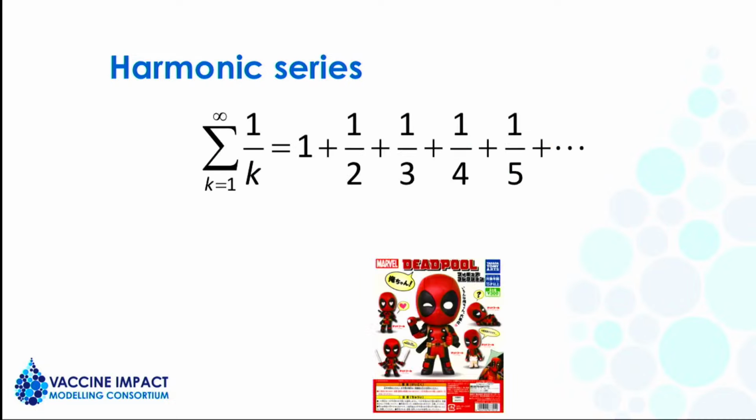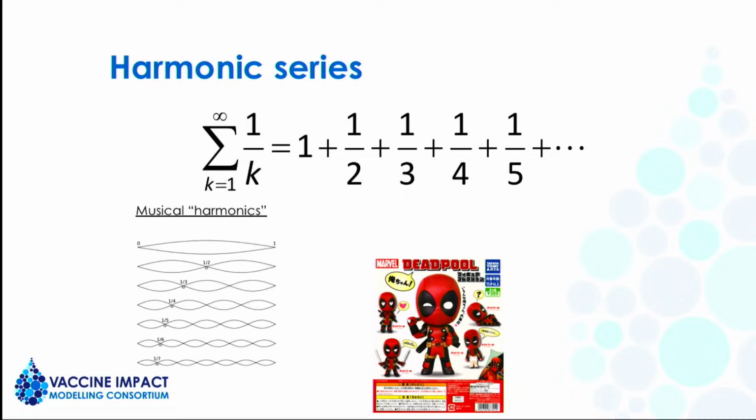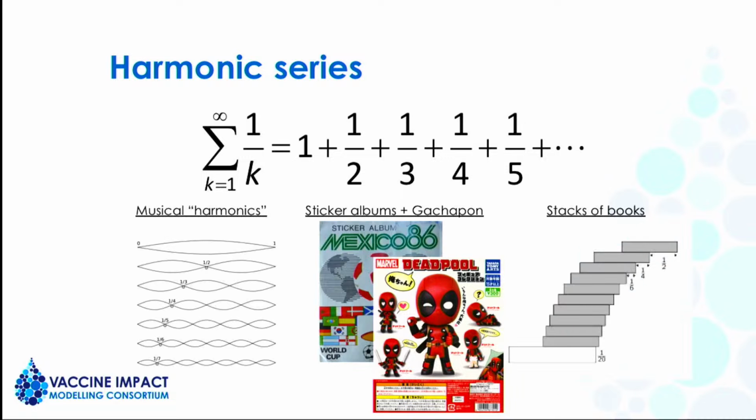So there is an example in the practical, and it's based on this mathematical series called the harmonic series. It's a well-beloved example by our good friend and colleague Nick Cunniff back in Cambridge, who was traumatized as a child by wanting to collect a full sticker book for the Mexico 86 sticker collection.